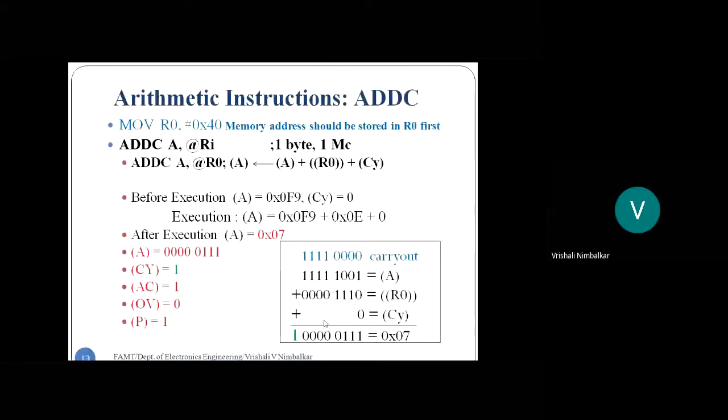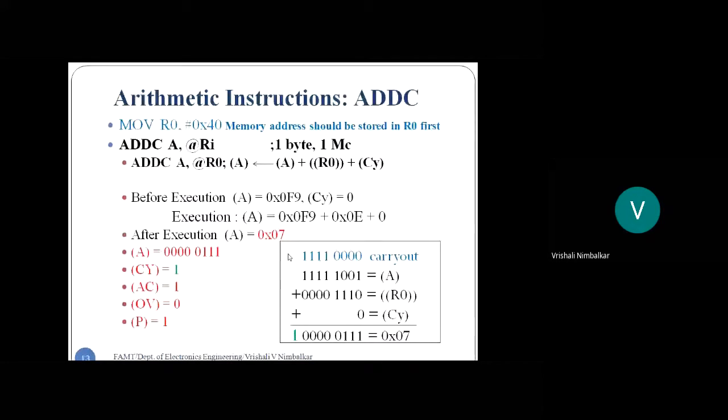Hope you all are getting me, students. After this addition, the carry flag will be set. But during addition, the carry which gets added is the status before executing the ADD instruction. And the carry might change after addition. Hope you all are getting me. It's the same example F9.